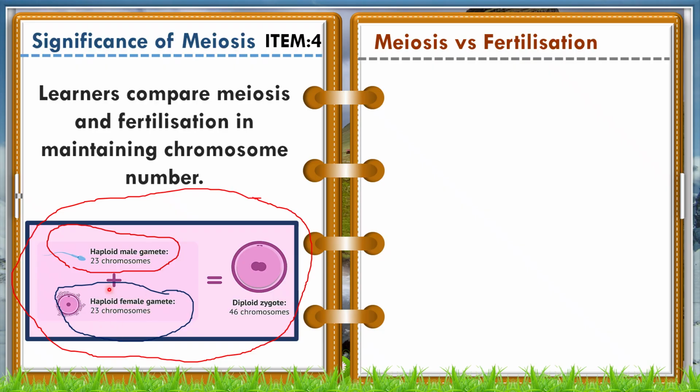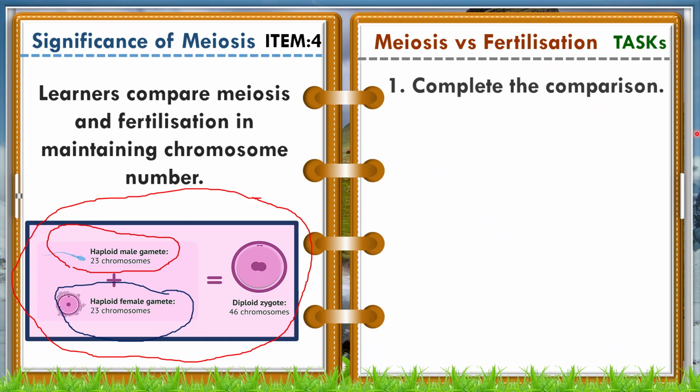When these two come together and are united during a process called fertilization, the 23 chromosomes of the different gametes combine together, and we get a total of 46 chromosomes in a diploid zygote.